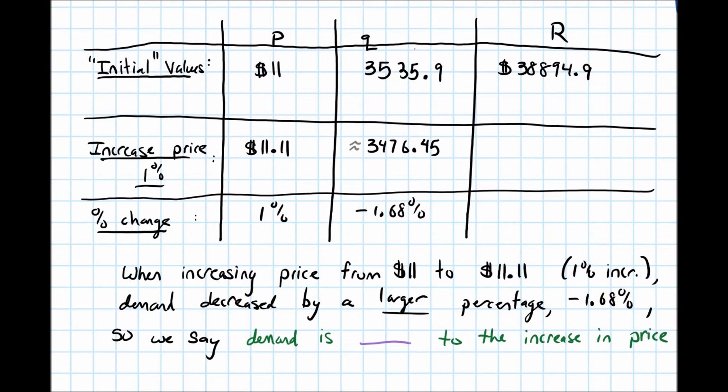That's how much the demand changed. So when the demand drops by a larger percentage than the price increased, then we say the demand is elastic. Elastic means it's very sensitive to changes in price. So when it's elastic, it changes more significantly.